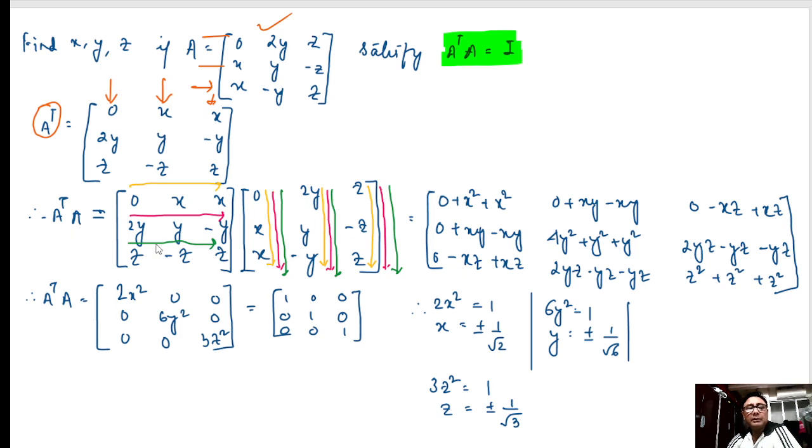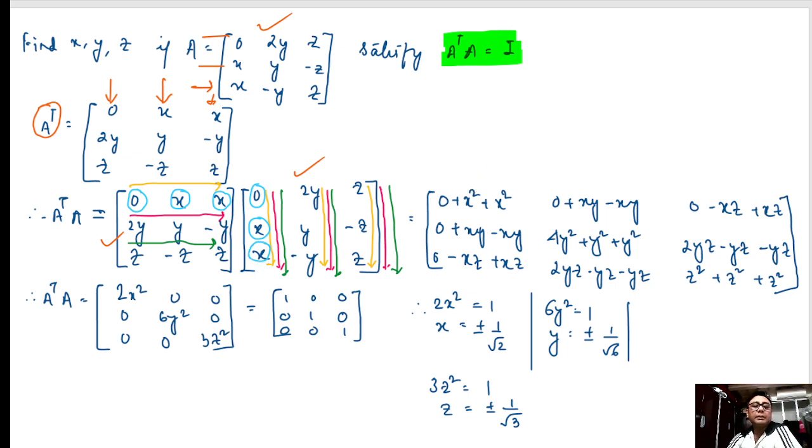So we are writing, this is A transpose and this is the A. So how to multiply? First we will do 0 into 0 plus x into x plus x into x. So we are getting this.